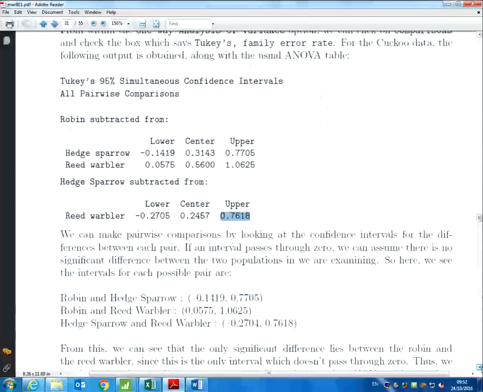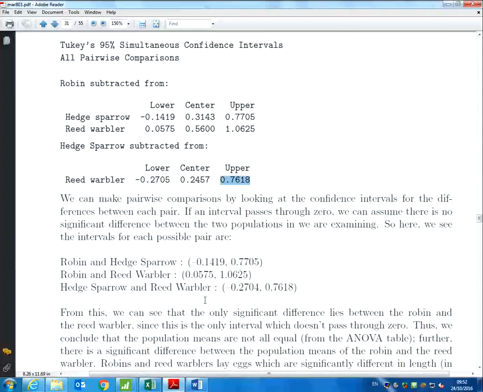So what was the only significant difference? The only significant difference was Robin and reed warbler.